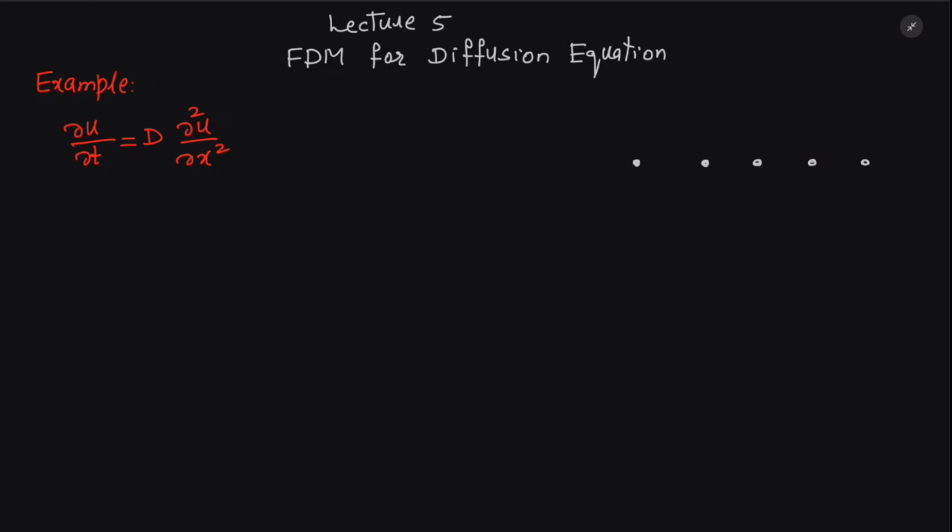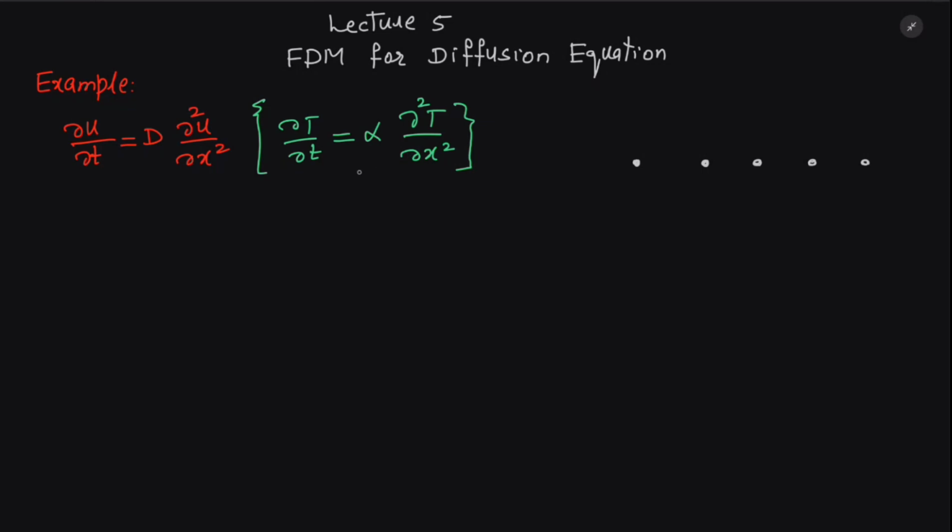So I already have written the diffusion equation. Probably you remember that there is a parallel heat equation that also looks like this. For example, we have partial T by partial t equals alpha partial square T by partial x square. This is the heat equation.